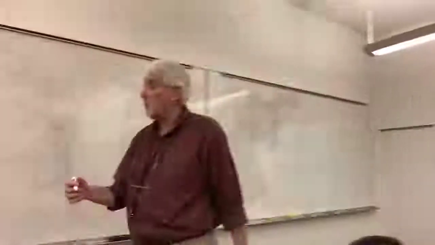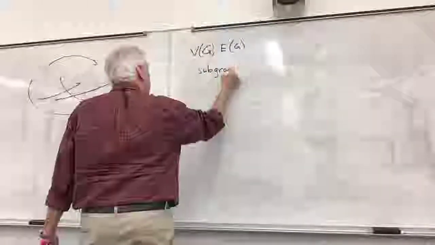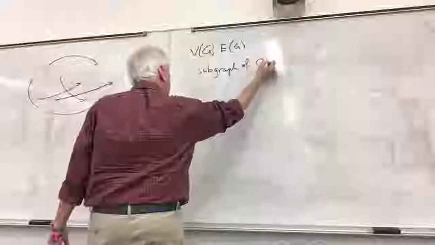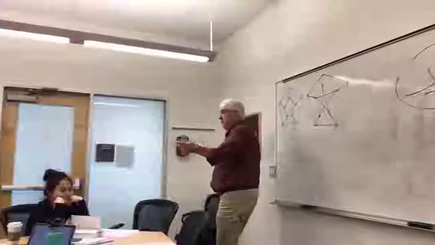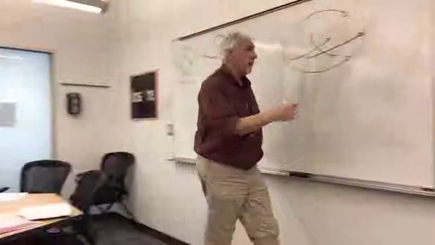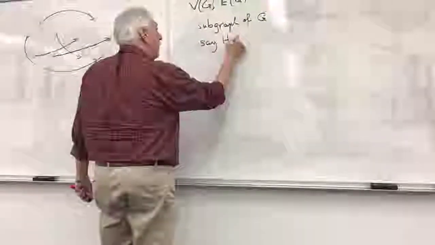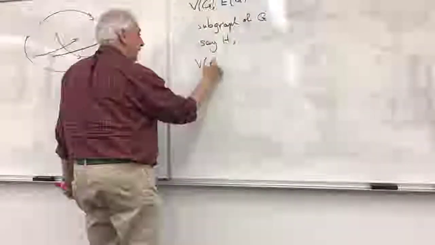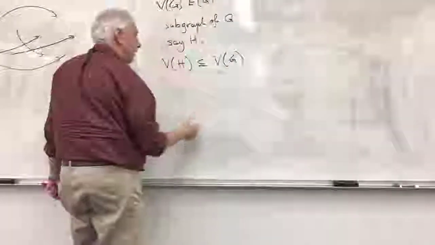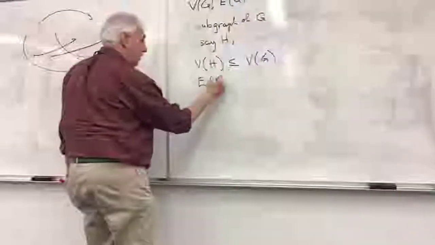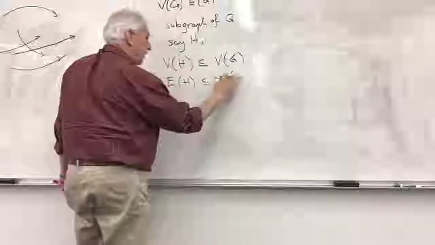Then we talk about a subgraph. A subgraph of G, say H, would have a vertex set of H being a subset of the vertex set of G, and the edge set of H being a subset of the edge set of G.